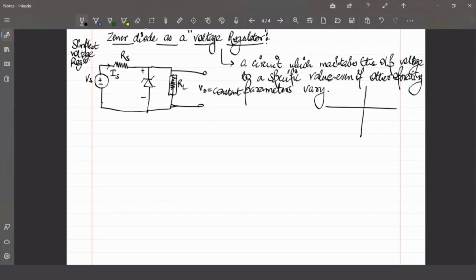The characteristics is somewhere like this. This should be the point Vz, the current corresponding to that is Iz, and this is the knee current, Izk. Now what happens at the boundary condition?